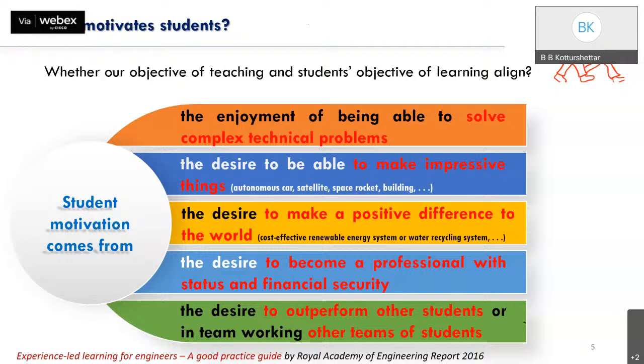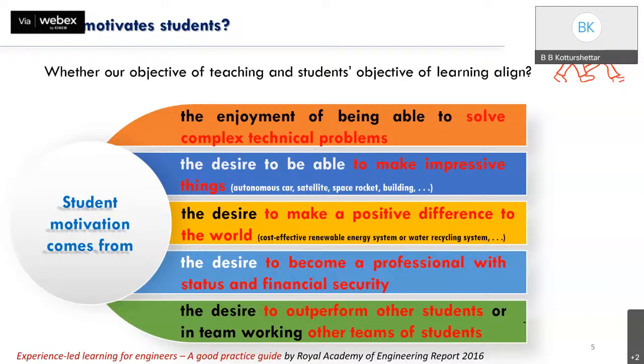It reports that student motivation comes from the enjoyment of being able to solve complex technical problems. See the alignment. We are expected to prepare our students for solving complex problems, and students are also interested to solve complex problems. So there is an alignment.